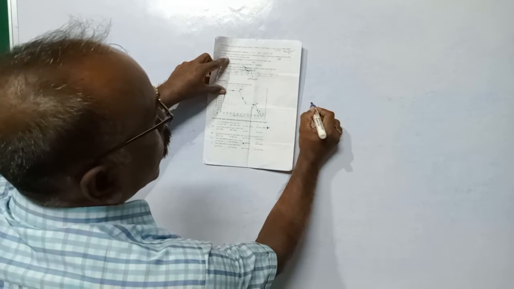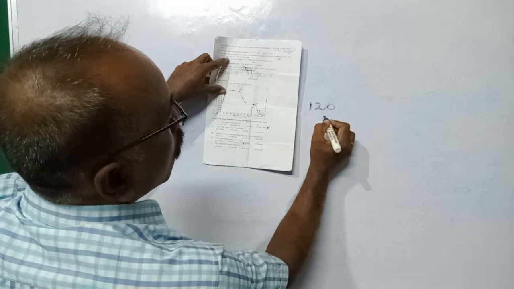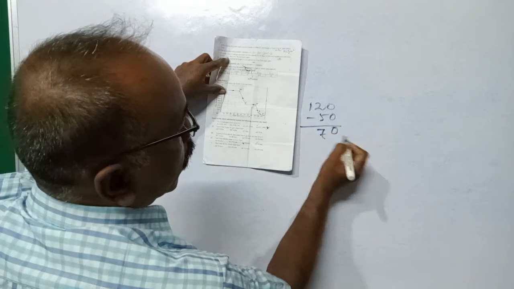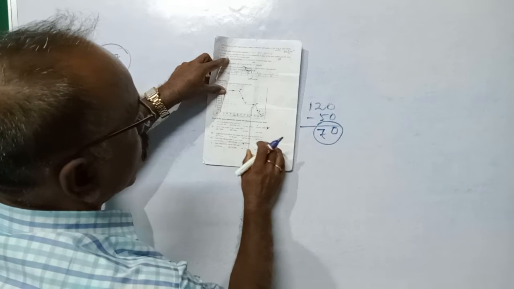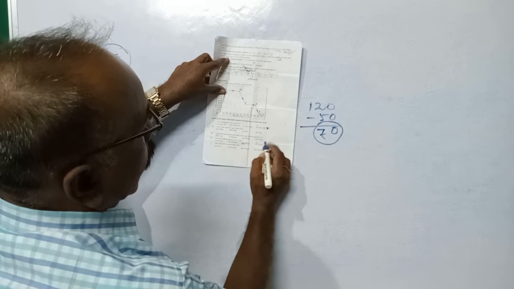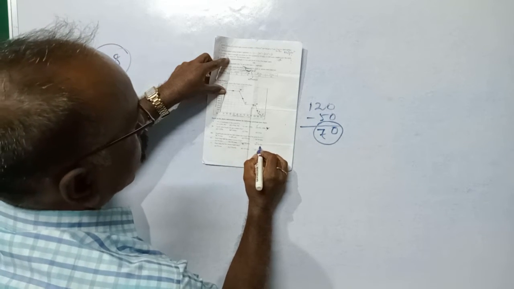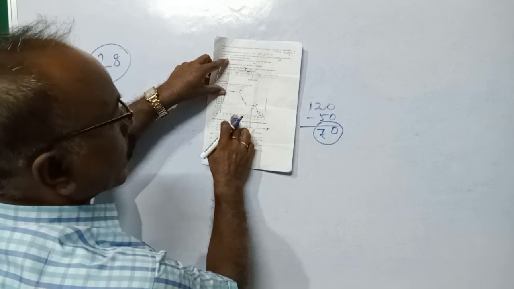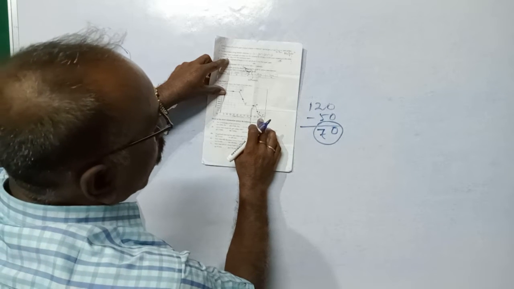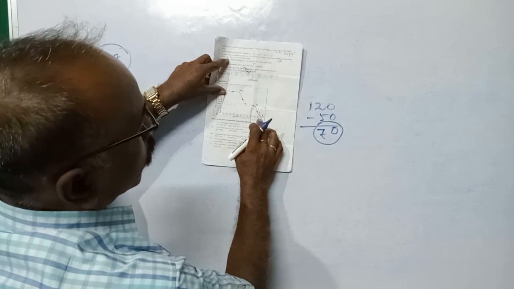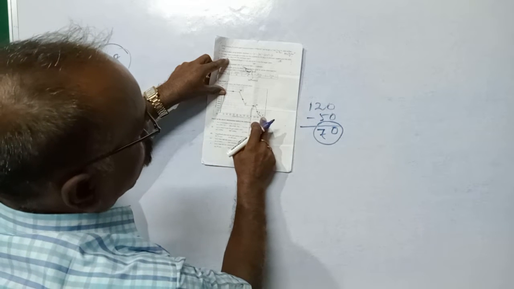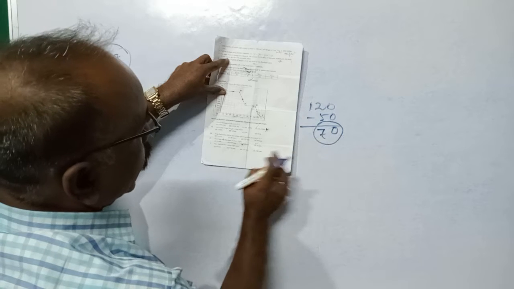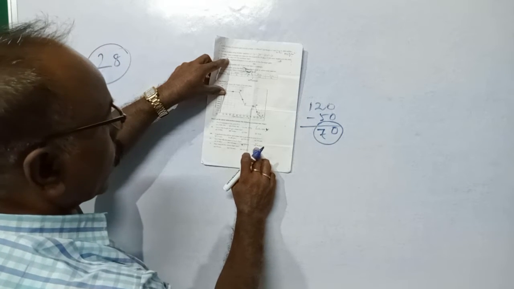So 120 minus 50 is 70 minutes. Here D will be the correct answer. Am I clear? So from B to F the plane takes 70 minutes. D is the correct answer.